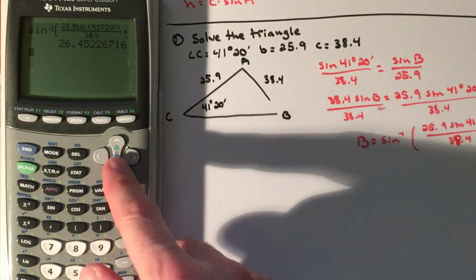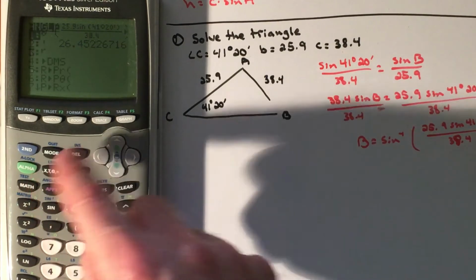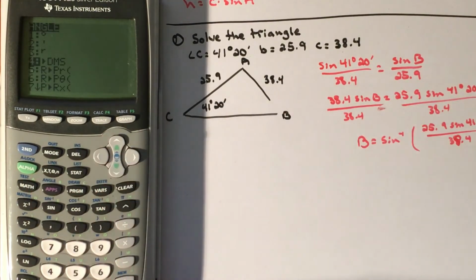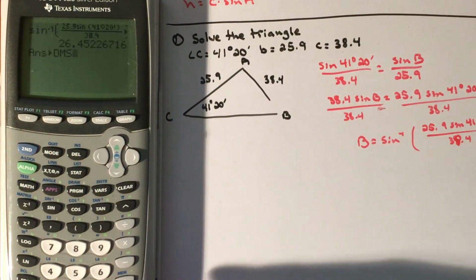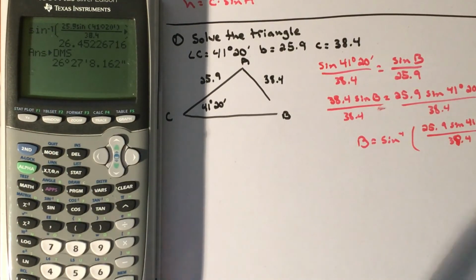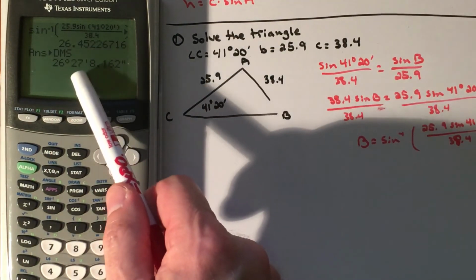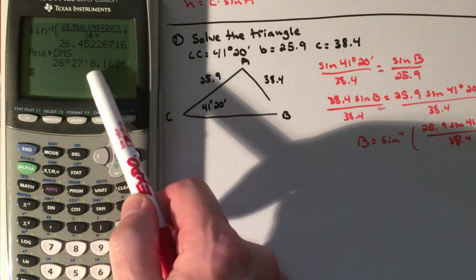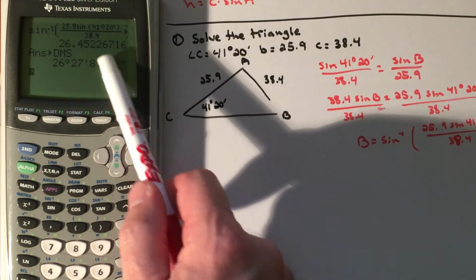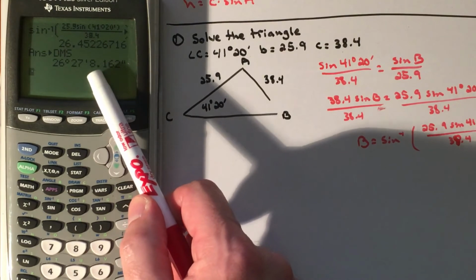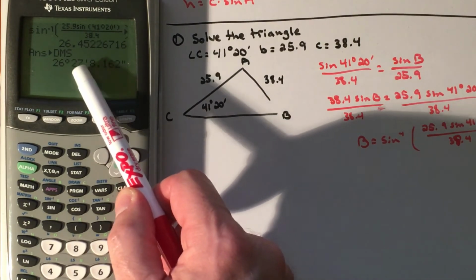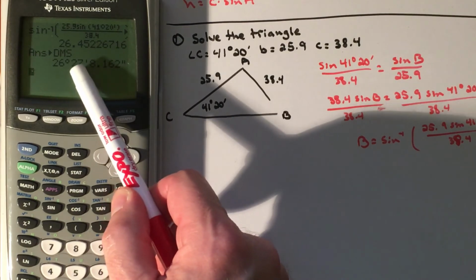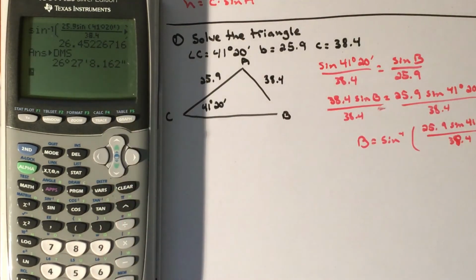All right, so to convert that into degrees and minutes, I go back into my angle, and number 4 down is going to be converting it into degrees, minutes, and seconds. So I just press enter, let the calculator do its thing. So that 0.45 is 27 minutes. And then what I want to do is look to see if I round it. Now remember, this is seconds, so if it's 30 seconds or higher, it would bump this up to make it 28 minutes, but 8 seconds is not enough.